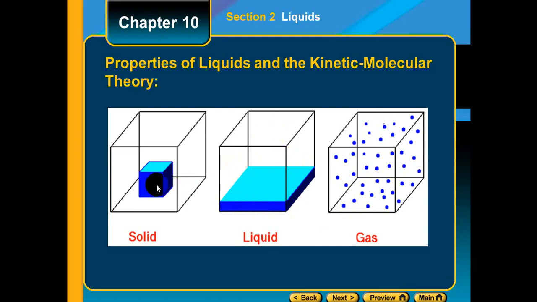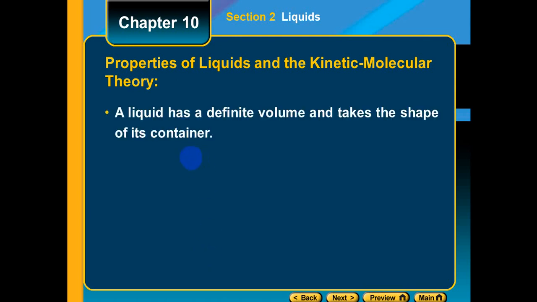While solids have definite shape and definite volume. So a liquid has a definite volume and takes the shape of its container.